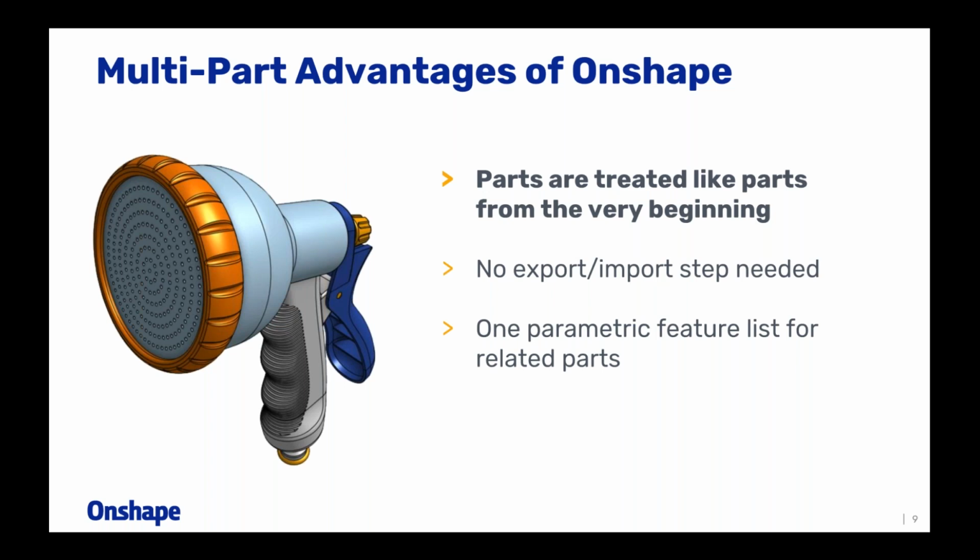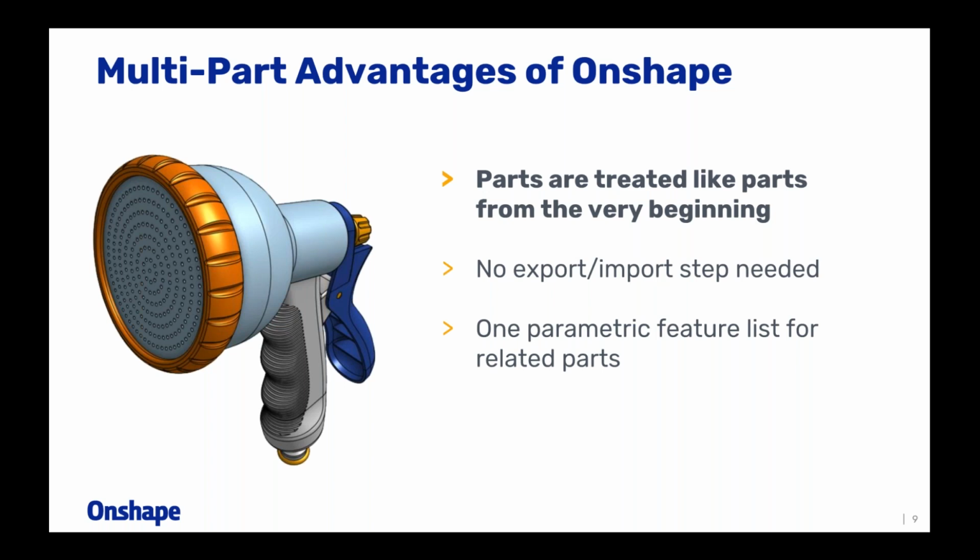But the biggest benefit in general of multi-part part modeling, and one of the things that we've really prided ourselves on, is the fact that you have a really clean way to have one parametric feature list for multiple parts. Right? I think oftentimes when people think of a feature list, they think of generating features for a single part.